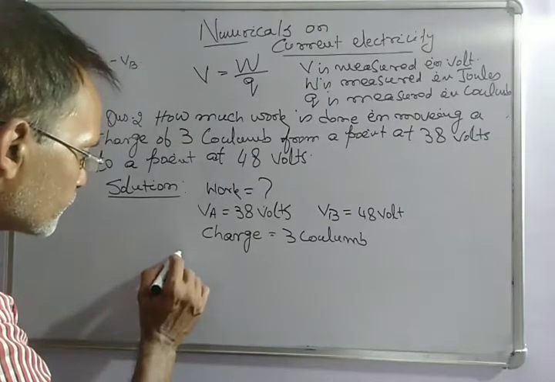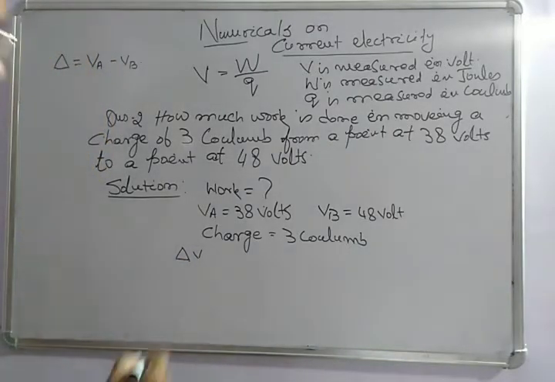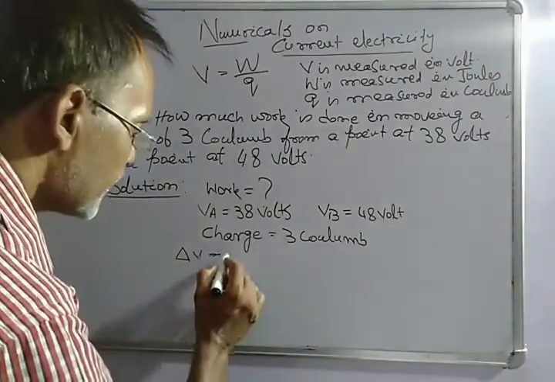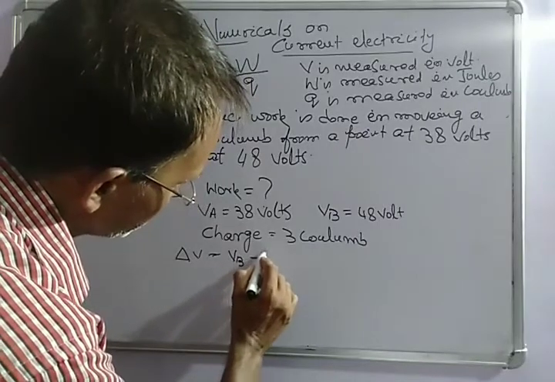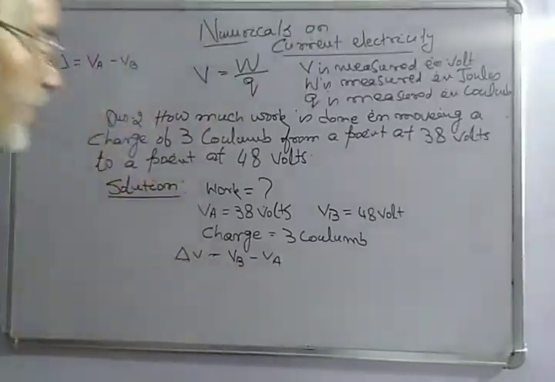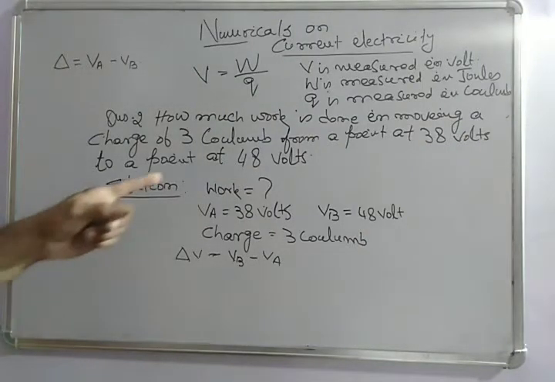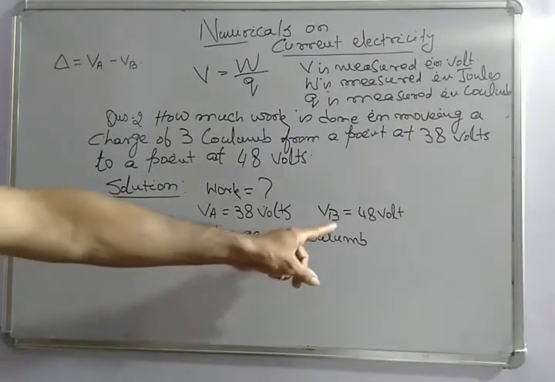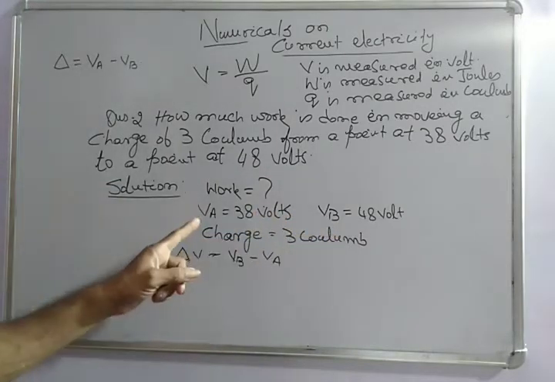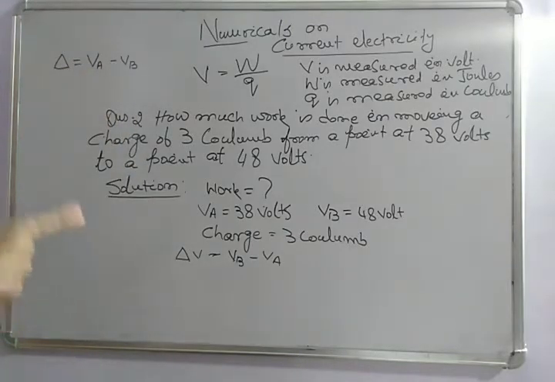So delta V is equal to VB minus VA. Here the final terminal is VB and the initial one is VA. So I have subtracted VA from VB, even though it is given here VA minus VB. Always remember, you have to subtract the initial from the final.